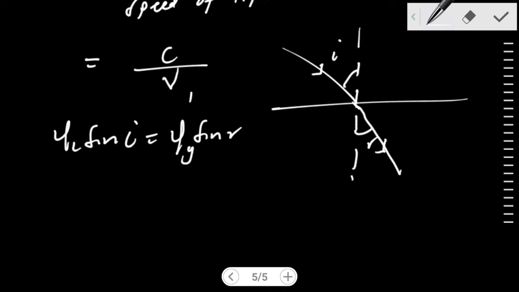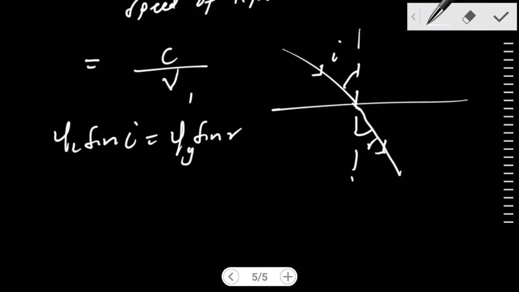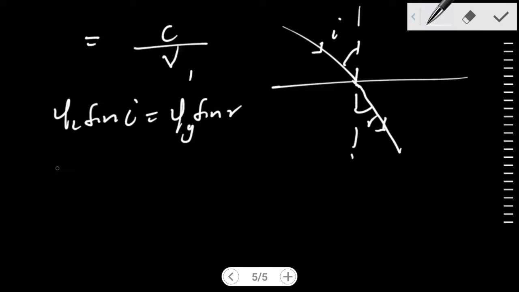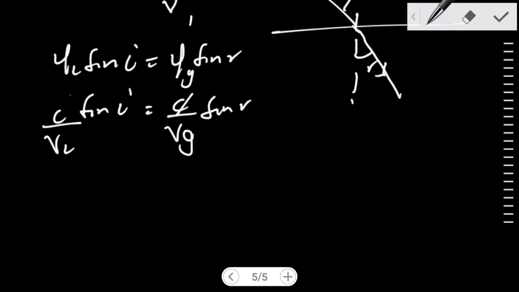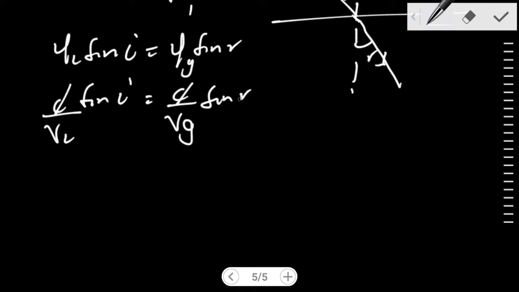To determine the refractive indices, the refractive index of the liquid is the speed of light in a vacuum, C, over V of the liquid, times sine I, equal to the speed of light in a vacuum over the speed of light in the medium itself, which in this case is glass, times sine of r.